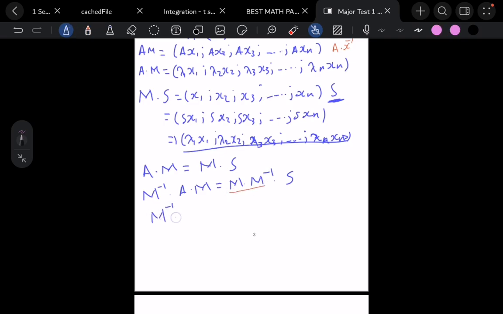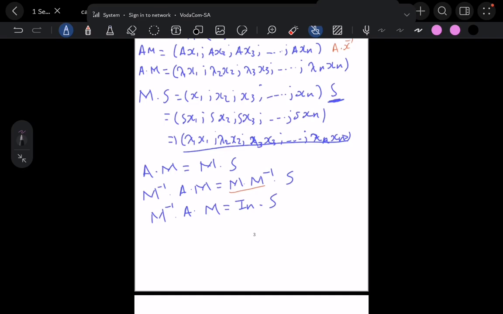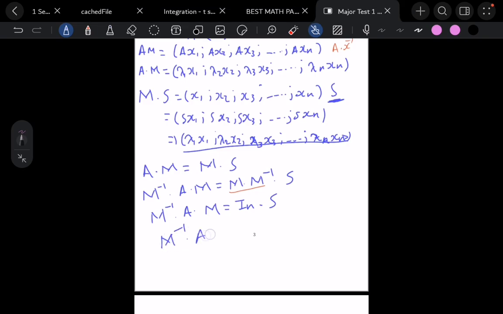So it's M to the power minus 1 times A times M is equal to identity times S. Now, an identity matrix times a matrix, you're always going to get the matrix, which is going to be S. So it is a proof.